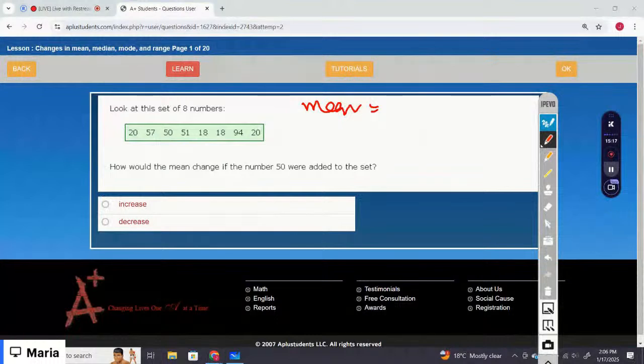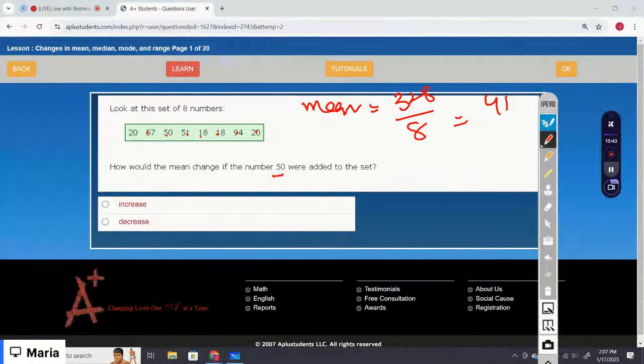So let me just add 20, 57, 50, 51, 18, 18, 94, and 20. The sum is 328, and there are 1, 2, 3, 4, 5, 6, 7, 8, divided by the 8. So 328 divided by 8 is 41.